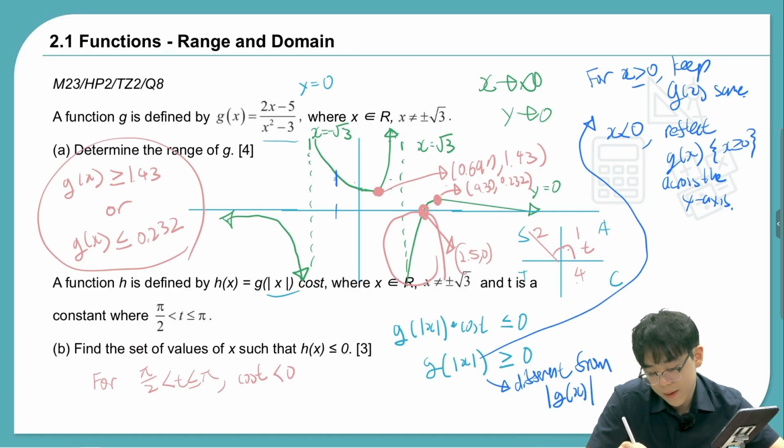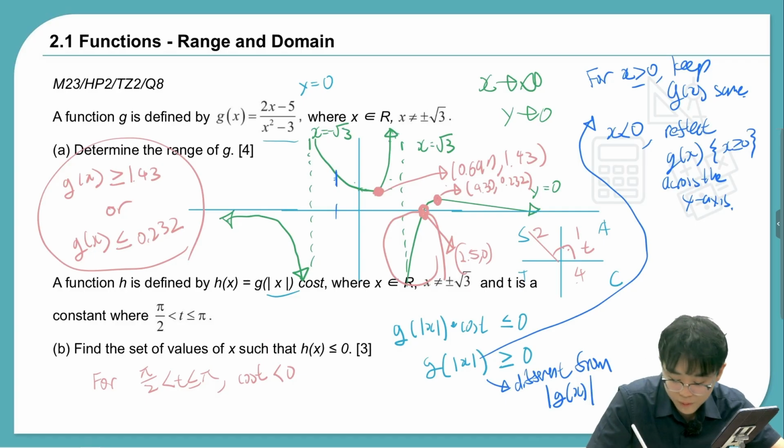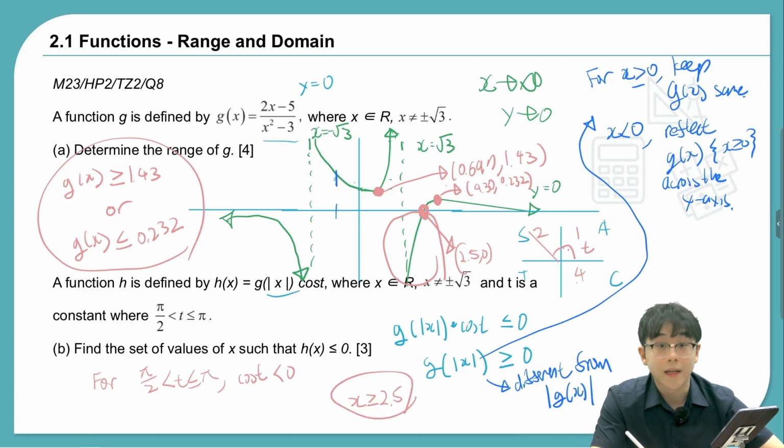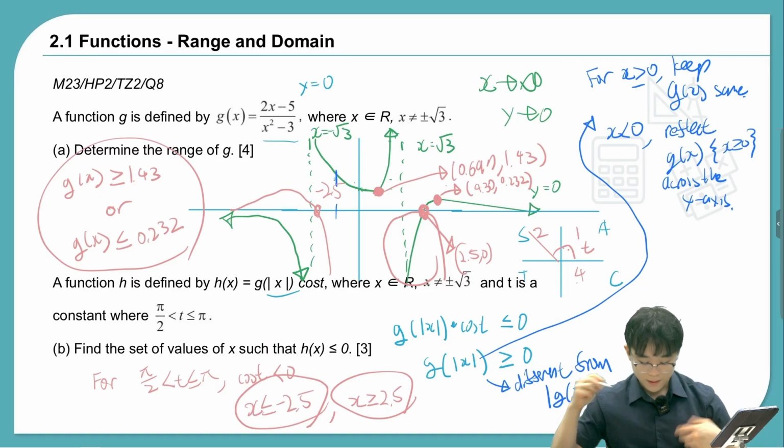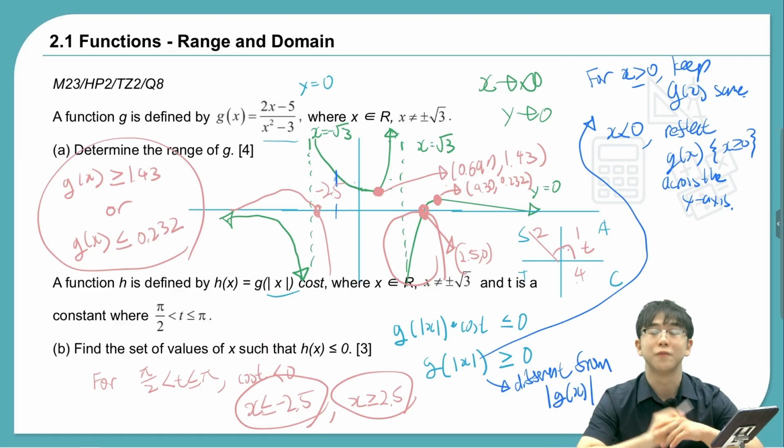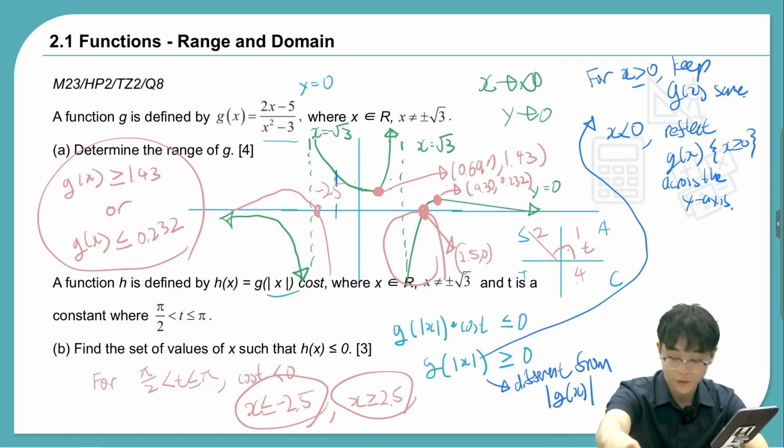So for g being greater than or equal to 0, we would first have x has to be greater than or equal to 2.5. Then the left side would be a mirror reflection, so we'd have the same graph that goes like that, where this would be negative 2.5. So we also want x to be less than or equal to negative 2.5. Only then will our g of absolute value of x be greater than or equal to 0. So that's how you would do number 8.